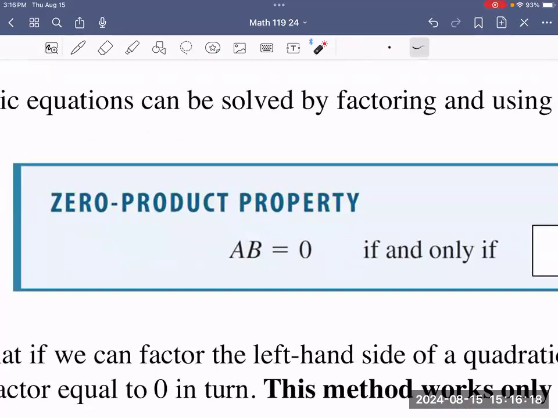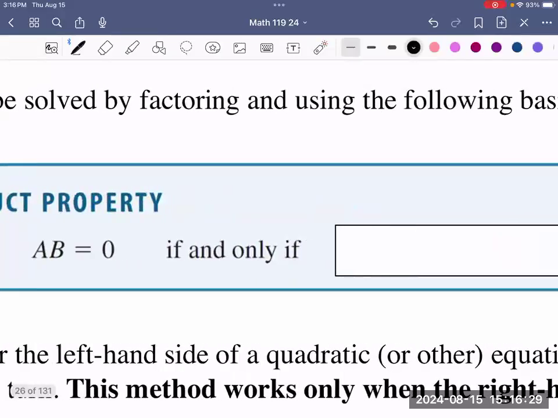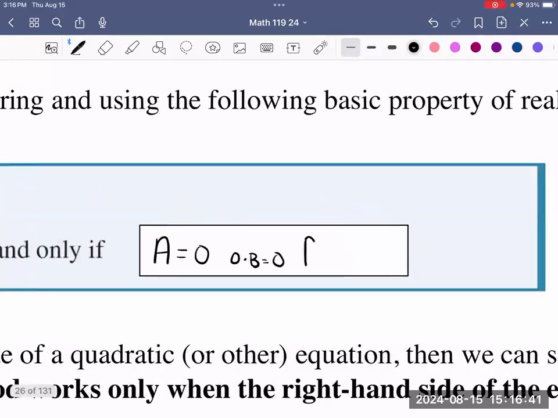This is just saying that a times b is equal to 0 if and only if, in order to get this 0 to appear, either a is equal to 0, to get 0 times b equal to 0, or b is equal to 0, so that when we multiply it by a, it's still equal to 0. So one of these two things has to be equal to 0.